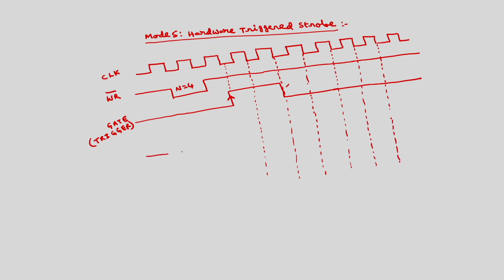This is out, initially high, and it will remain high after the negative edge which follows this low to high transition of gate. It will remain high for n clock cycles, where n is equal to 4, so 3, 2, 1, 0, then it will go low for 1 single clock signal. So this will act as a strobe signal.